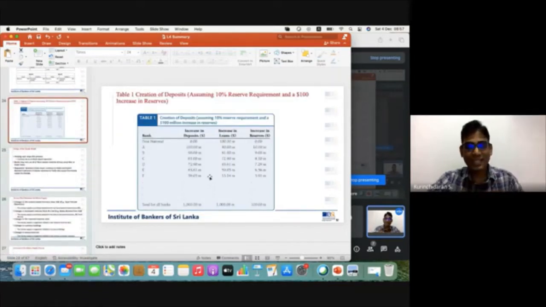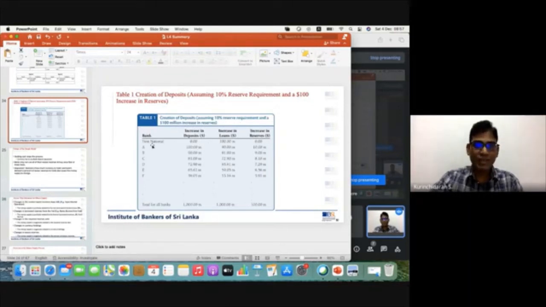Now you can see First National Bank, see the title, creation of deposits, assuming 10% reserve requirement and 100 increase in reserve. Now let's assume only a 10% reserve requirement.